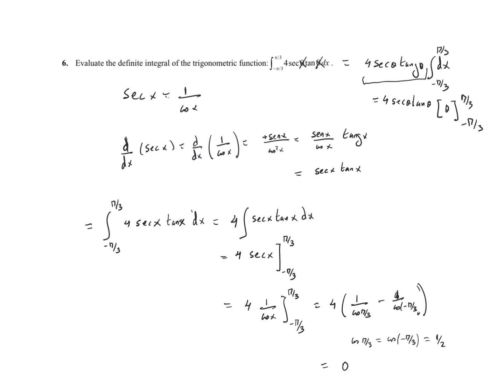It will be pi divided by 3 minus minus pi divided by 3, which is 2 pi divided by 3. But this is not the problem.